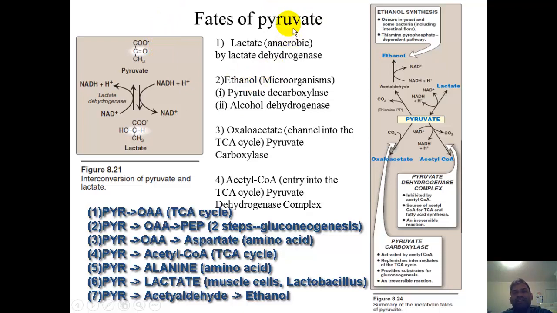Those carbons can go into pyruvate, which can go to oxaloacetate, which goes into the TCA cycle. Those carbons from glucose, which goes to pyruvate, can go into oxaloacetate, which can get converted to the amino acid aspartate. So from glucose, those carbons can go into aspartate, that amino acid, theoretically.